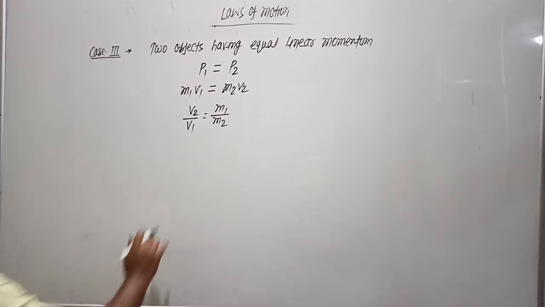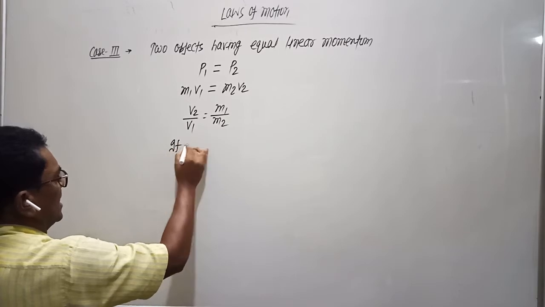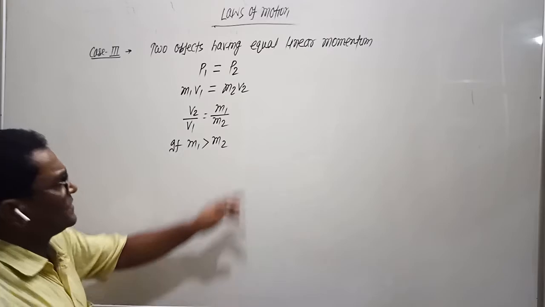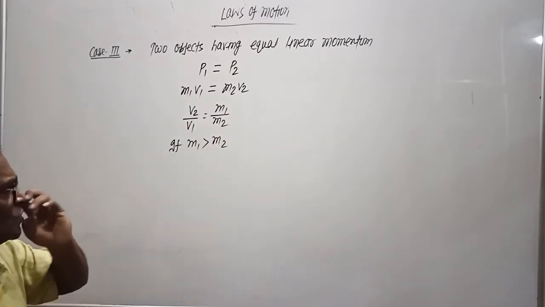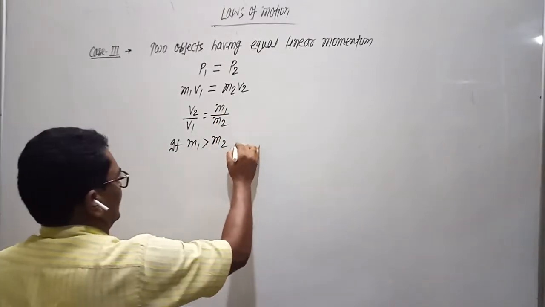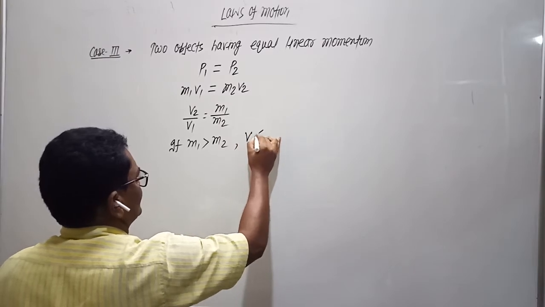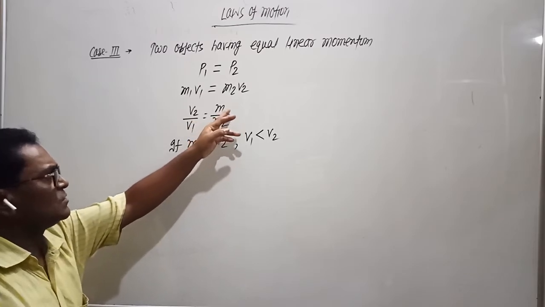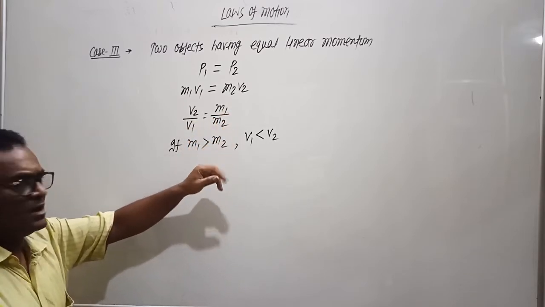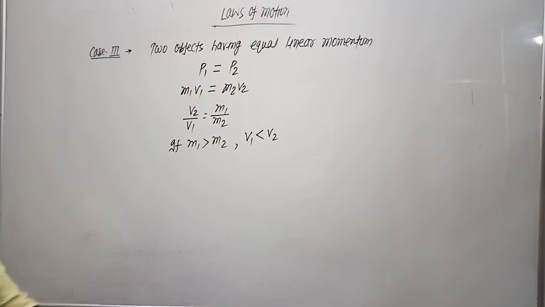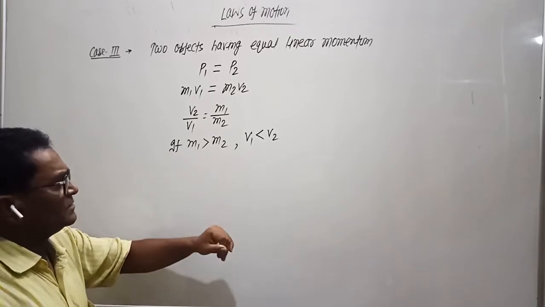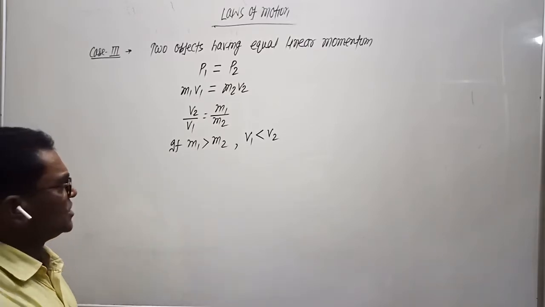It means if M1 is greater than M2, then V1 will be less than V2, because V2 by V1 equals M1 by M2, meaning velocity is inversely proportional to the mass, meaning the lighter body will move with larger velocity.